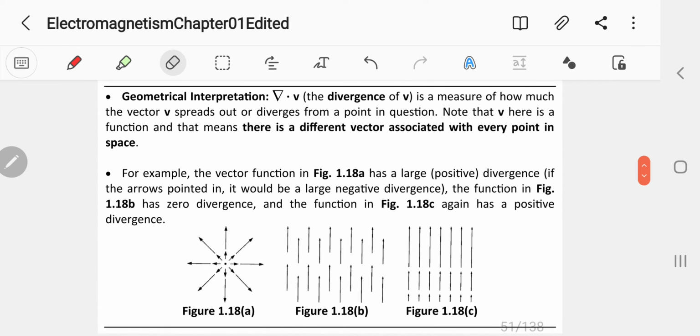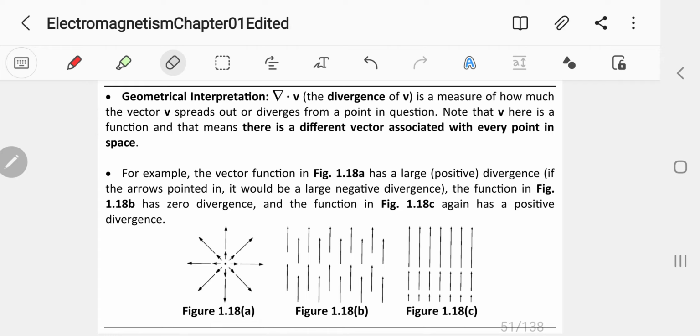Now, what is the geometrical interpretation of the divergence of V? It's like when you open a faucet in your kitchen, and when the water falls on the floor, the point where the water falls becomes a point where the divergence occurs, and the water spreads out there.